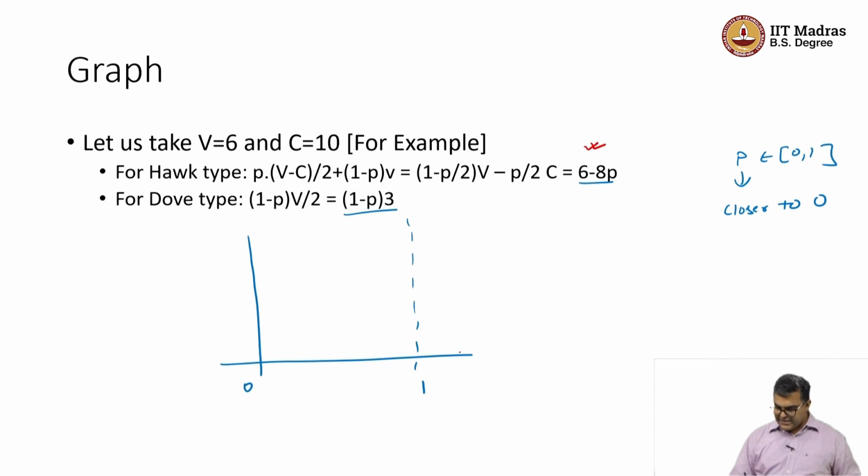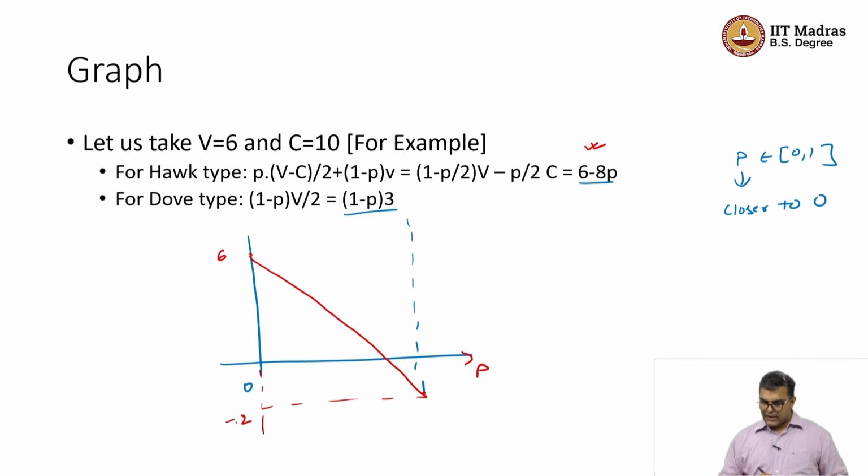So, when p is equal to 0, it starts at 6 and it goes to minus 2. We can say it is like this, 6, and here is minus 2. How about for dove type? When p is equal to 0, it comes out to be 5, and when p is equal to 1, it is 0.